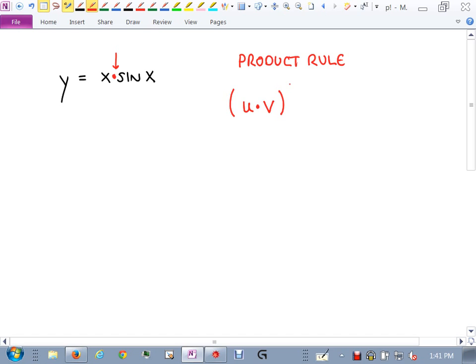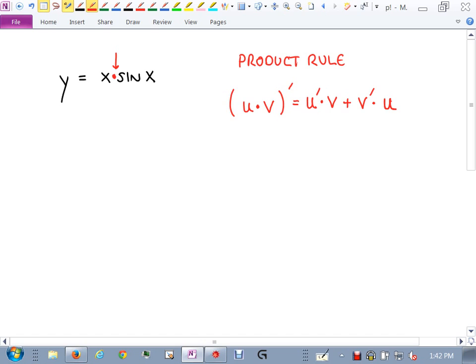If you are going to take the derivative of that, it is not just U prime times V prime. It is U prime times V, but not the derivative of V, just V. Then plus V prime times the derivative of U, V prime times just U. That is the product rule.